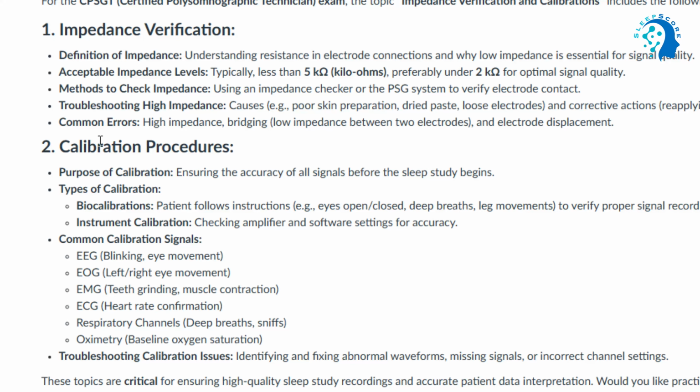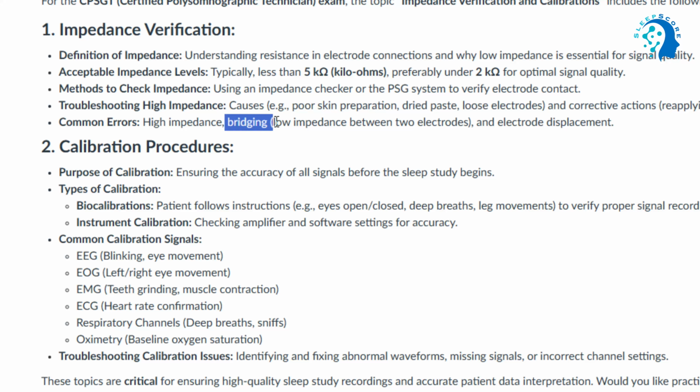Now the next thing is common errors. What are the common errors? The high impedance. Common errors means what the problems are, why the graphics don't look good, because of the high impedance, right?